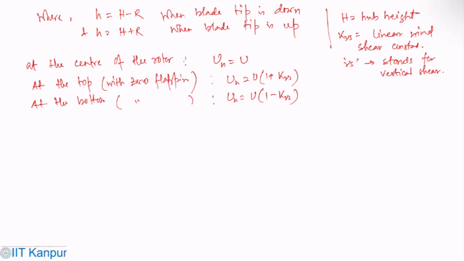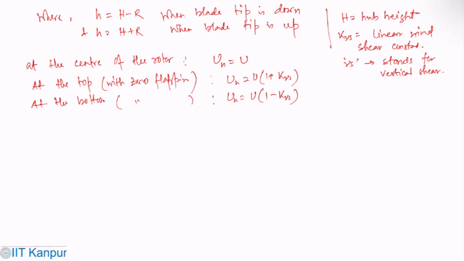The incremental effect of vertical shear is predominantly on the perpendicular component of wind. Okay, so the tangential wind shear can be assumed to be zero.